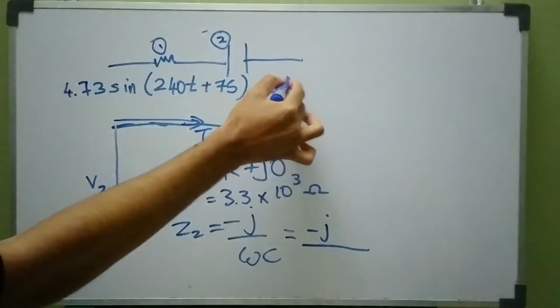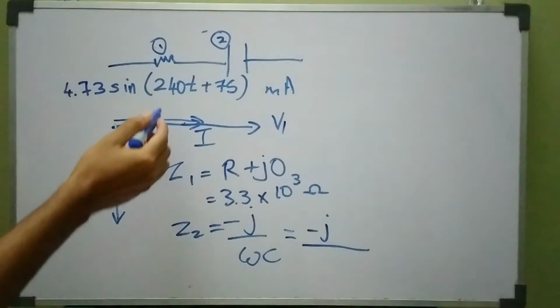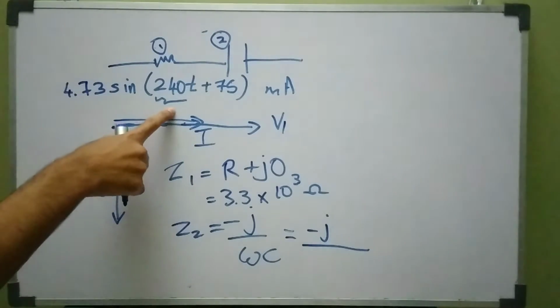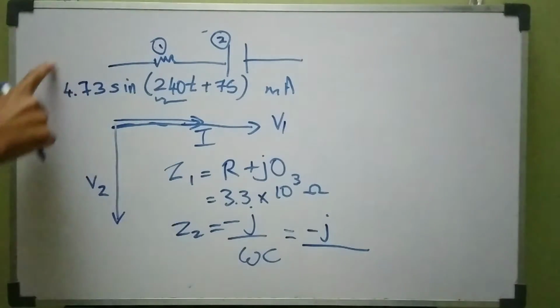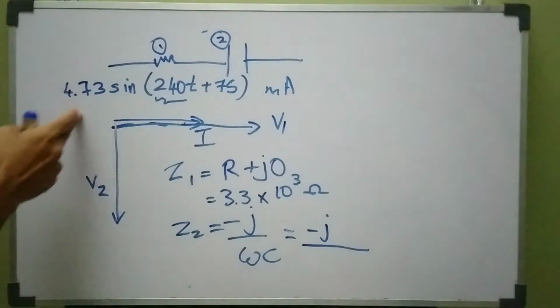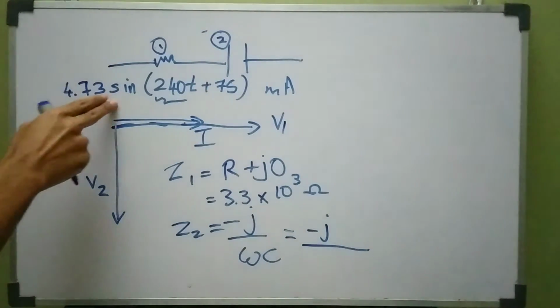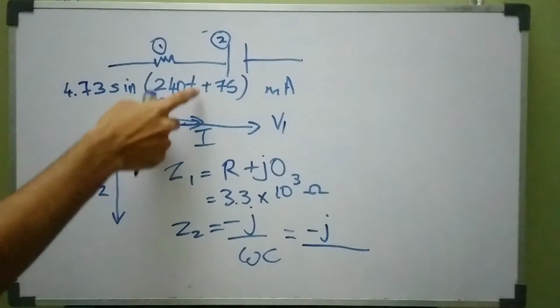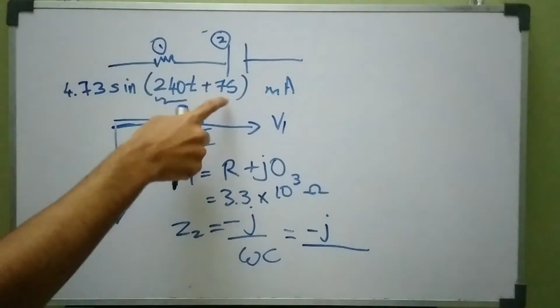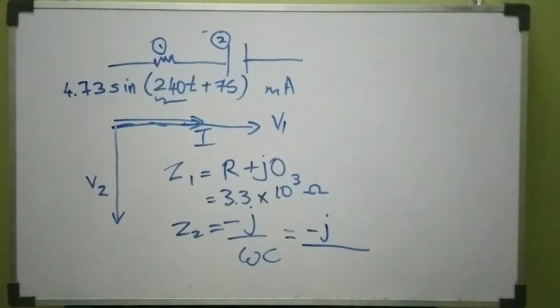There is a milliampere, but it doesn't matter because we are going to take this part. The reason is, as we all know, this would be the peak value of the voltage or current, but in this case, the current peak value. And inside this, sine 240 is equal to omega, plus this 75, which is the initial phase of this current.